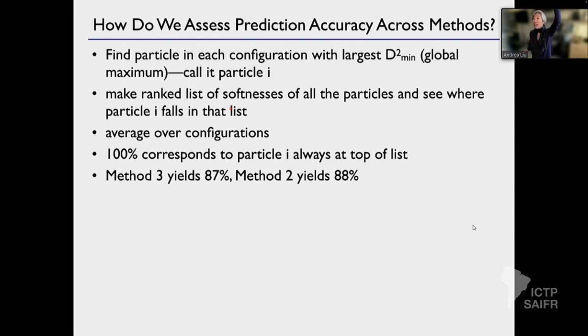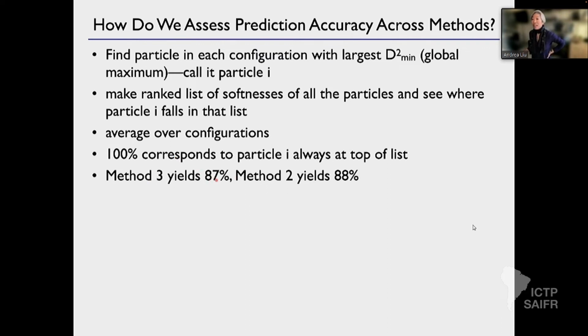If it's always the softest, then it's number 1, okay? And then you would get 100%, right? It would be at the very top of the list. And so the idea is you can average over your configurations, and you can see where it falls in this distribution.